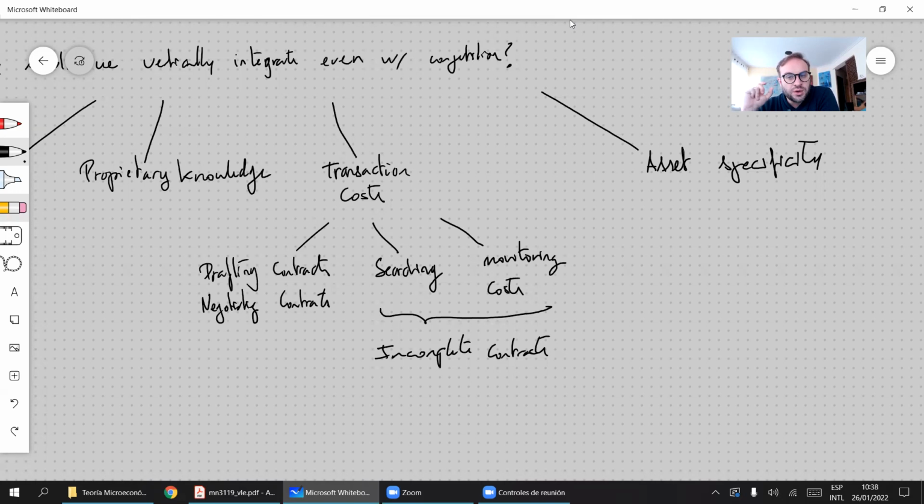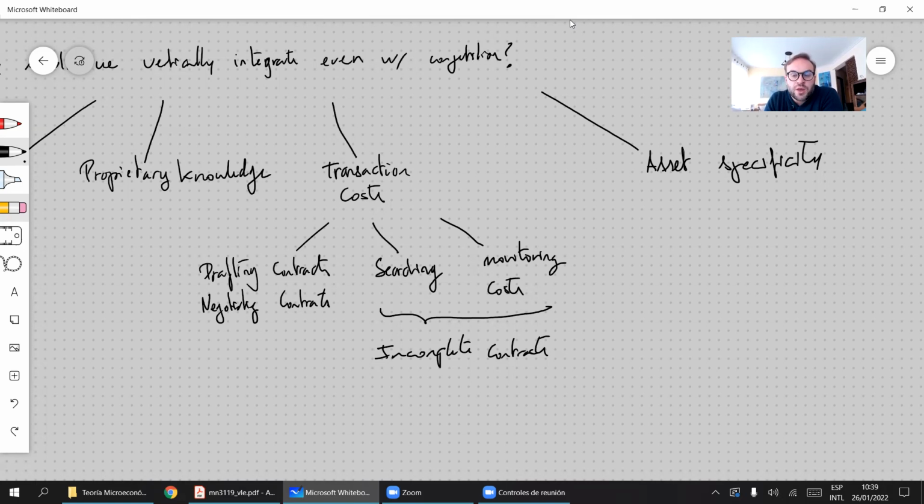And the problem is that because the asset is so specific, and it just matches the needs of one company, the maker of the machine has no other potential buyer. So no one is competing for buying this thing, which means that the value of the asset drops drastically outside of this transaction. And because of that, the intended buyer can renegotiate the contract, in particular when it's very difficult to specify the characteristics of the machine in the contract.